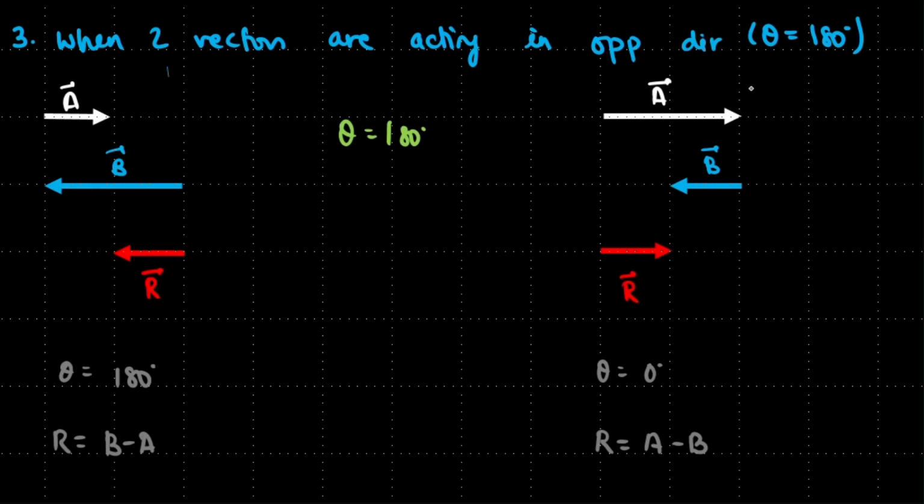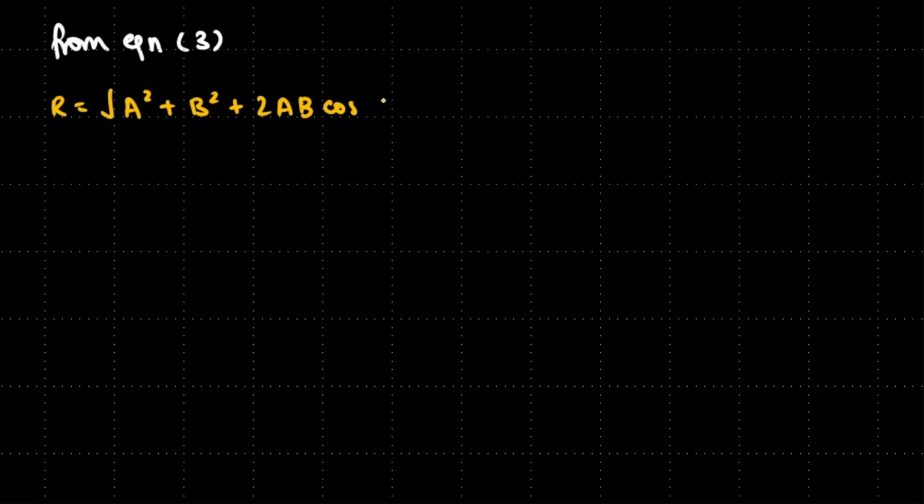So now let's look at this. From equation 3, the resultant is square root of a square plus b square plus 2ab cos theta.